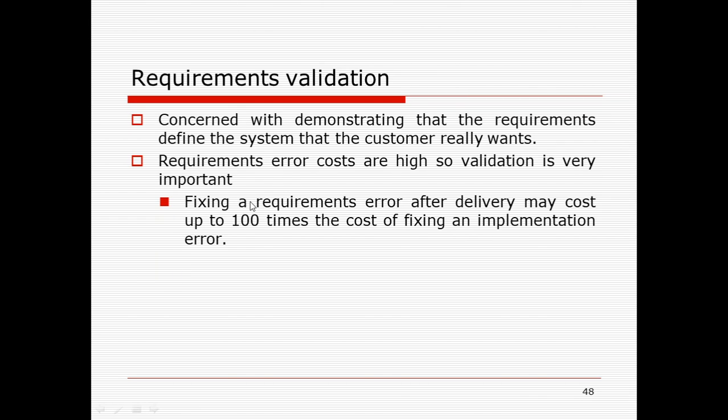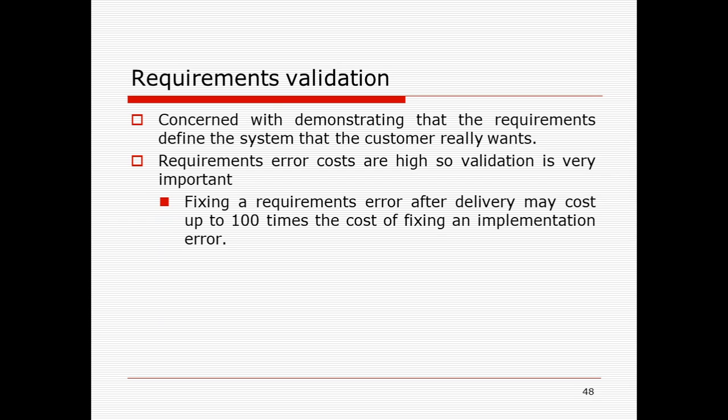As you can see here, fixing a requirement error after delivery may cost up to 100 times the cost of fixing an implementation error. So at the time of delivery, if some requirement errors are found, fixing them may cost 100 times the cost of fixing an implementation error. If an implementation error is found at delivery time, that may not cost very much, but a requirement error will be very costly, because you have to redo everything from the initial phase to correct that requirement.